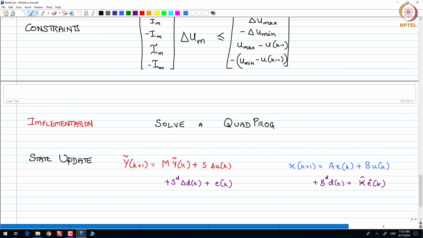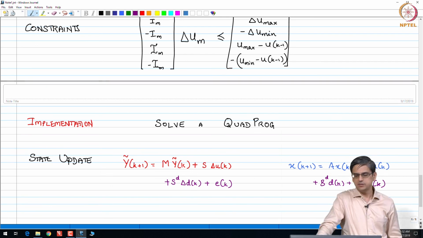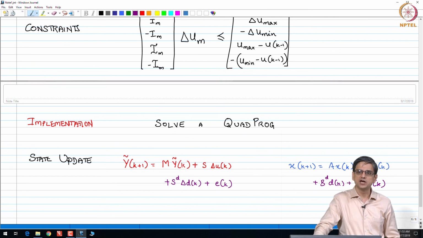Again, your k hat will be determined through some particular means. If, for example, it is some kind of observer such as pole placement or a Luenberger observer, you will determine k based on the observer poles. If you are using an optimal observer such as a Kalman filter, k would be the Kalman gain, and so forth. You did not understand it, perfectly fine. This is what we are going to do in the module after next.